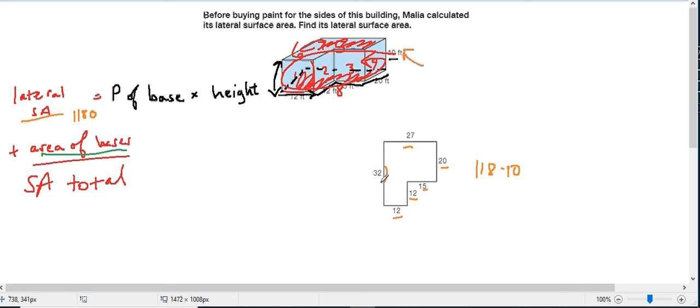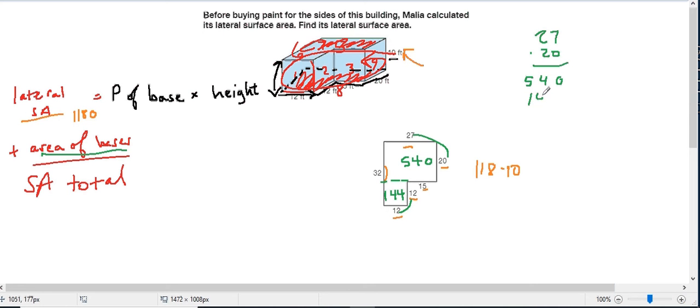So what is the area of this base? 27 times 20 is 540 for this part, and 144 is 12 times 12.